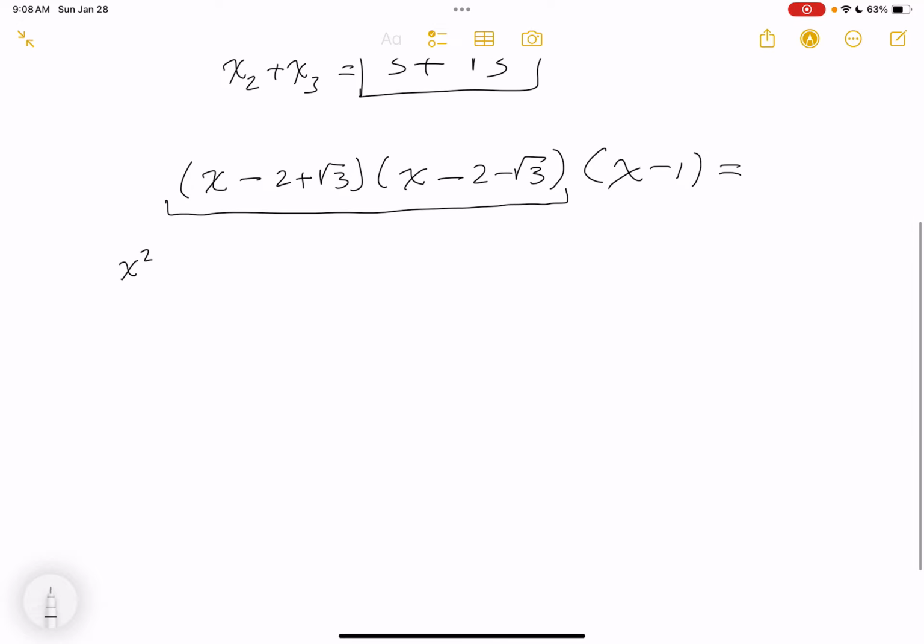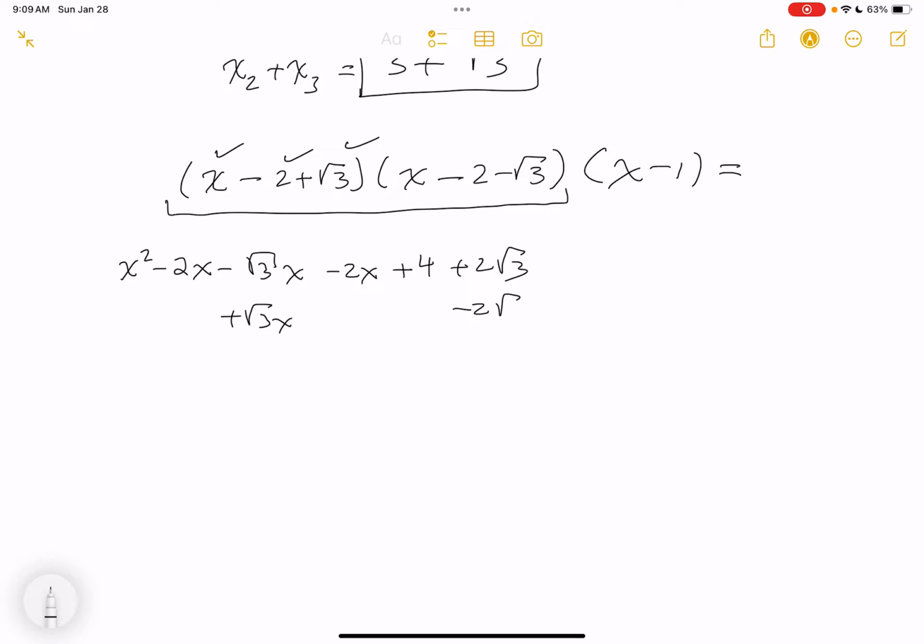X squared minus 2x minus root 3x. That's the x terms, those three terms. Let me do this over here. You get minus 2x plus 4 plus 2 root 3's. Then I'm going to do this over here. You get plus root 3x. And then you're going to get minus 2 root 3's.